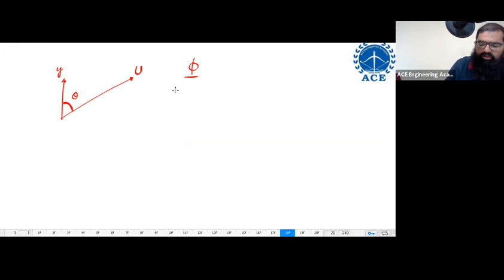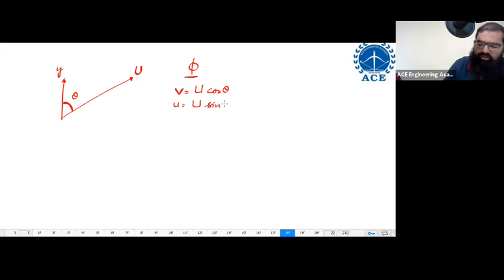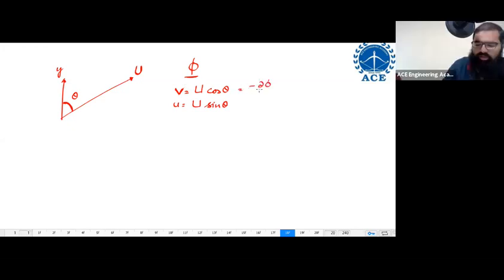So the value of v, that is the y component of velocity, is how much? U cos theta. The value of small u is how much? Capital U sin theta. Now you can find the function phi, because you know this is equal to minus dou phi by dou y, and this is equal to minus dou phi by dou x. From there you get the answer, right?